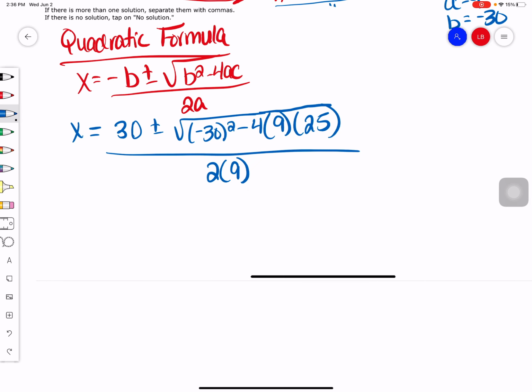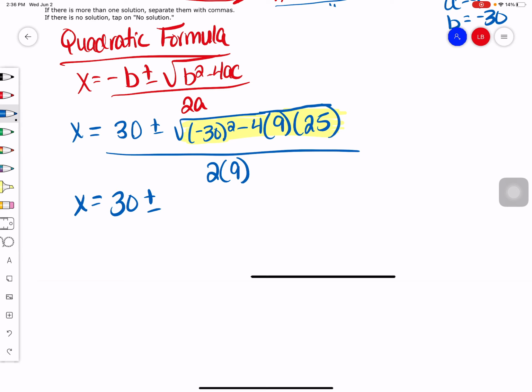And that will leave me with x is equal to 30 plus or minus, and I'm going to give you guys a minute. You can pause the video, but I would like for you to put this in your calculator or simplify this if you can, because I will be honest, that is the hardest step for students when simplifying the quadratic formula: we have trouble simplifying that radical.